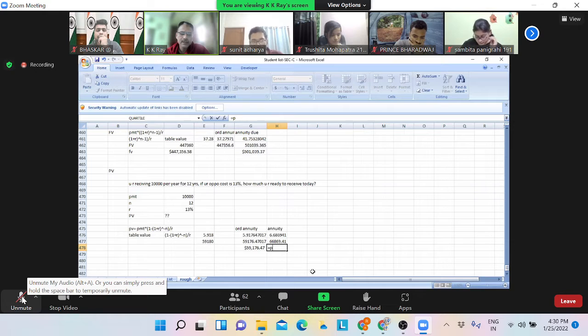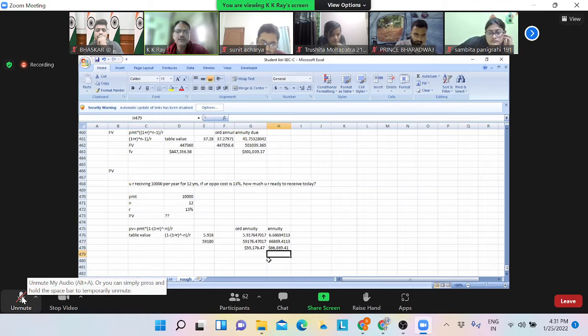In Excel also, if you calculate with 13%, 12 years, and 0 here, and here we put 1, the value will be 66,869.41. Both are the same. Are all of you getting me?